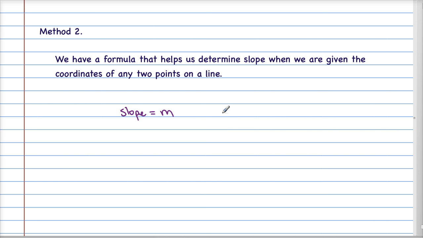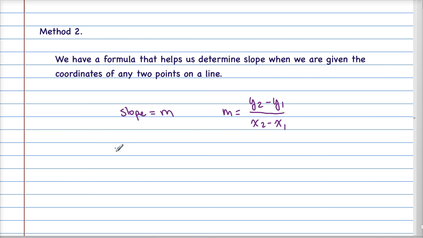So our formula is m equals y2 minus y1 over x2 minus x1, right? These are subscripts, not exponents. They're written a little bit below the letter.